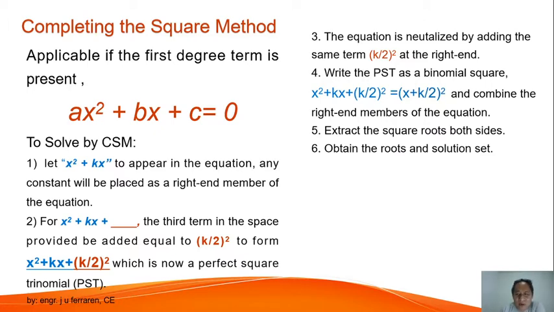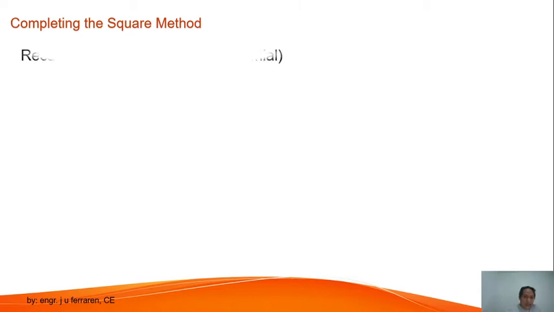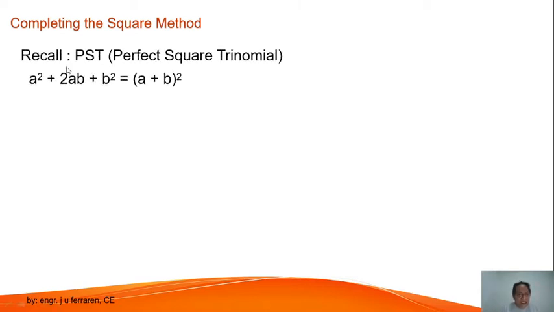Okay, before presenting an example of this method of solving, let us first recall what a perfect square trinomial is. If we have a trinomial a squared plus 2ab plus b squared, this is a PST, a perfect square trinomial.